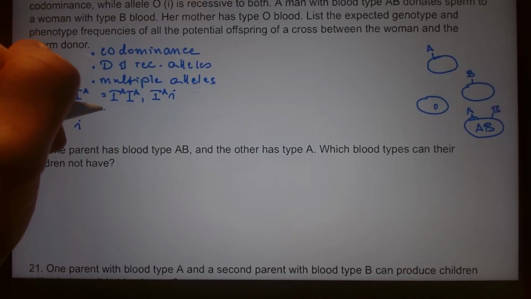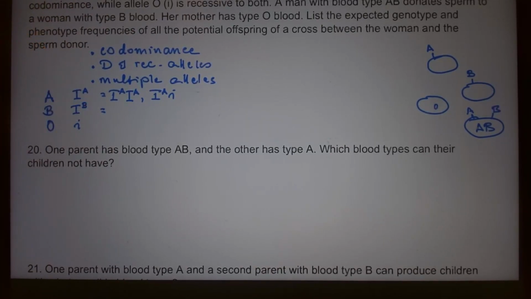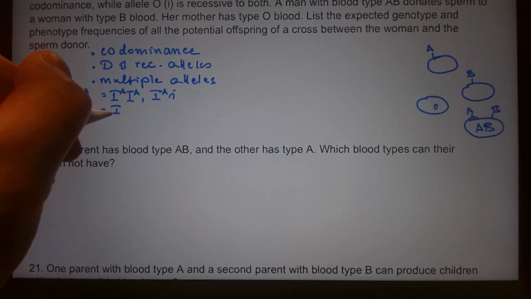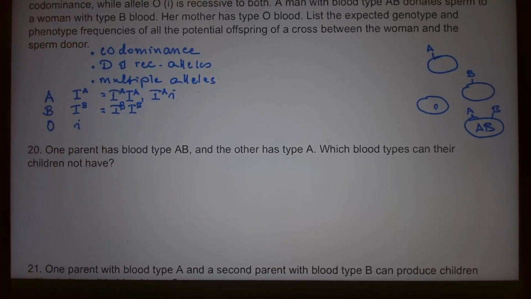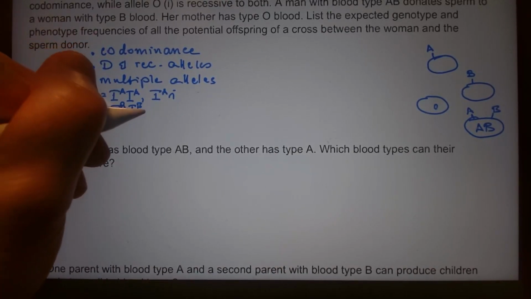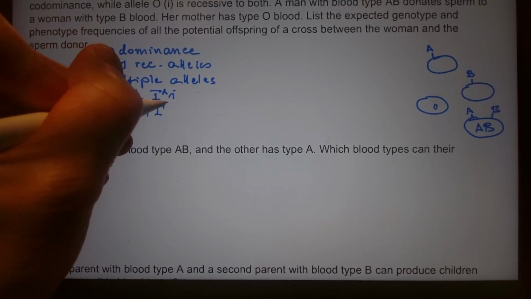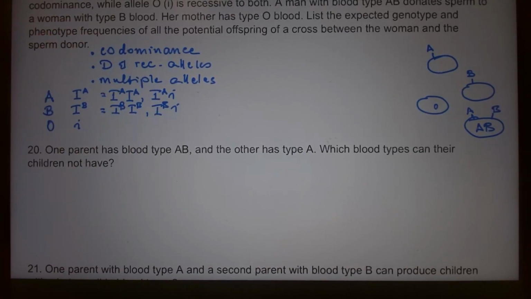For B blood, a person can have genotypes like capital I, B, homozygous dominant for that trait, or heterozygous for that trait.